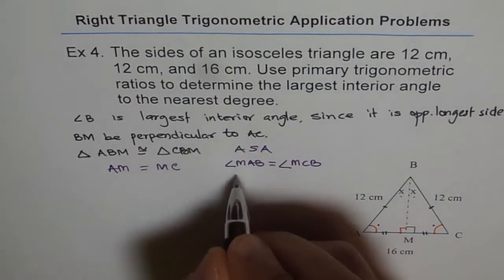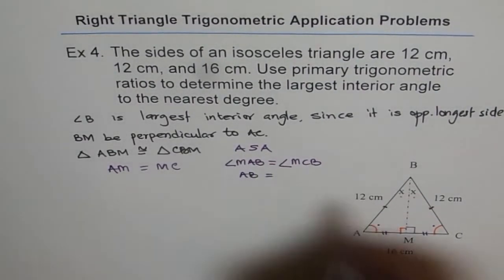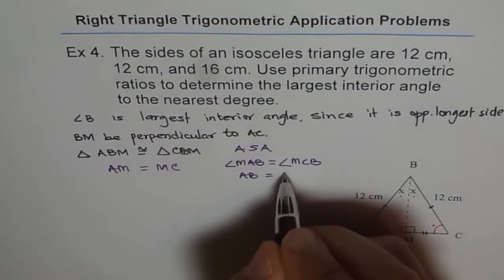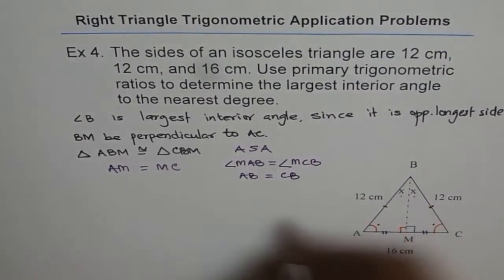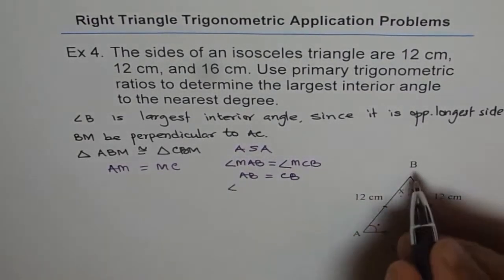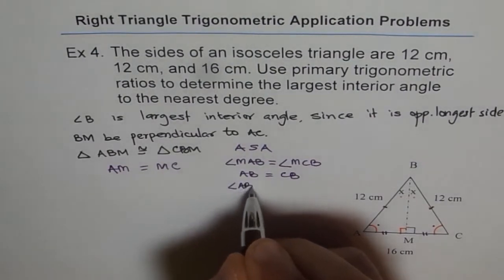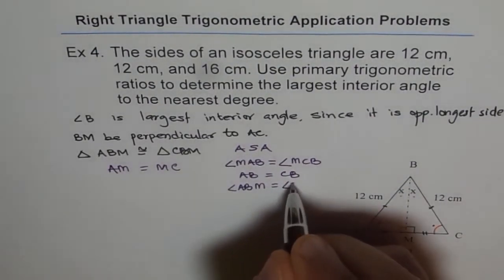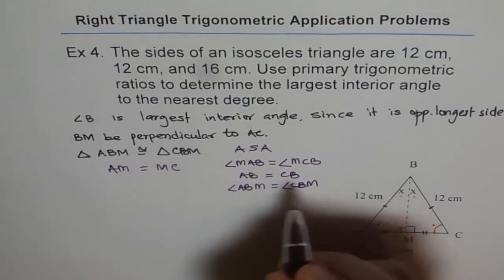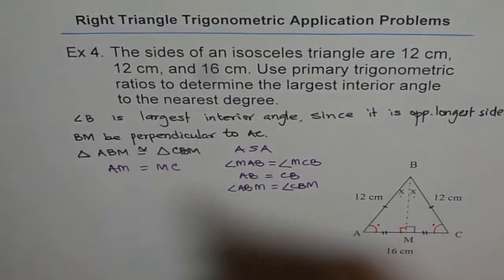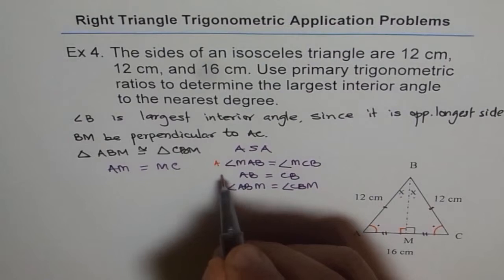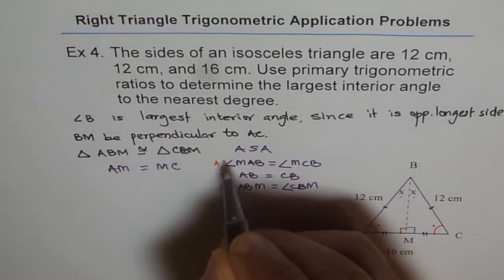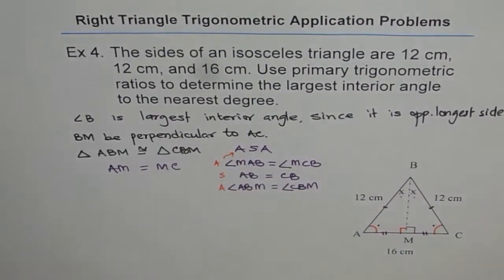And side AB equals side CB. And angle ABM equals angle CBM. So these are the three conditions, which are angle, side and angle, right? Which makes them congruent, correct?